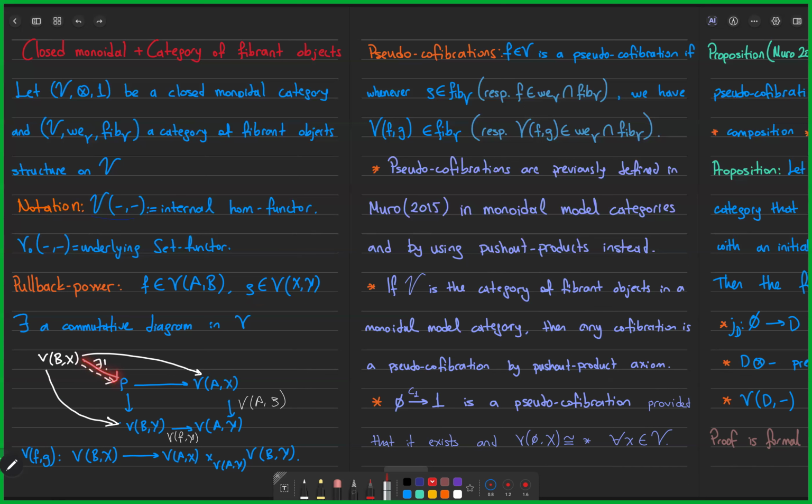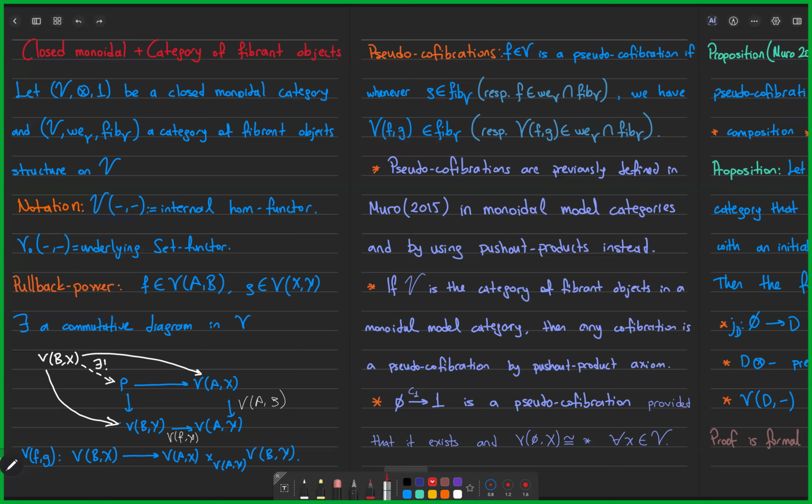By using this information, we define a class of maps for a category of fibrant objects. Normally, a category of fibrant objects does not have the notion of cofibrations, but we define a class of morphisms called pseudo-cofibrations. F is a pseudo-cofibration if whenever G is a fibration, then V F G is a fibration, and if G is acyclic, then V F G is acyclic.